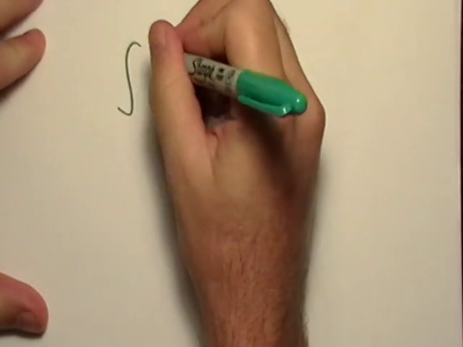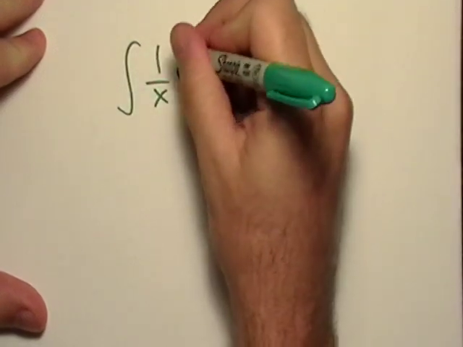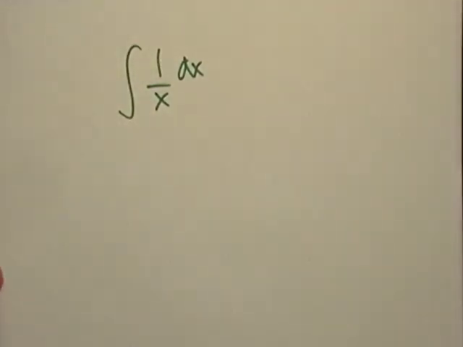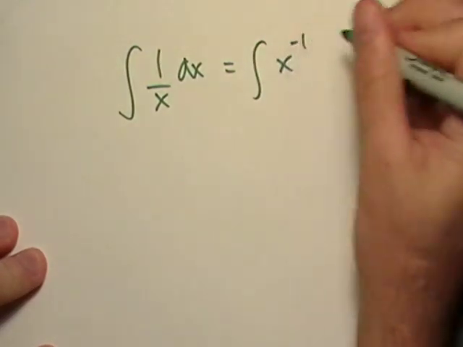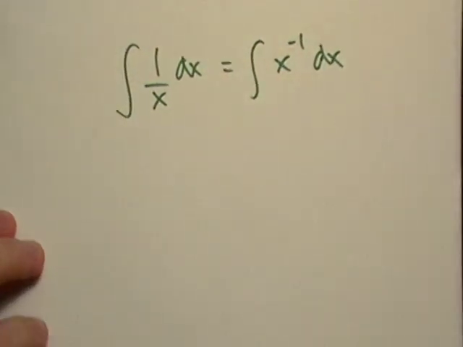How about this one? Here's a good one. This one will probably be one of your best friends in Calc 2. This is equal to x to the -1 dx.